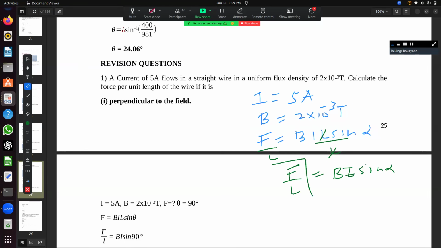Now, force over L is what we term force per unit length.